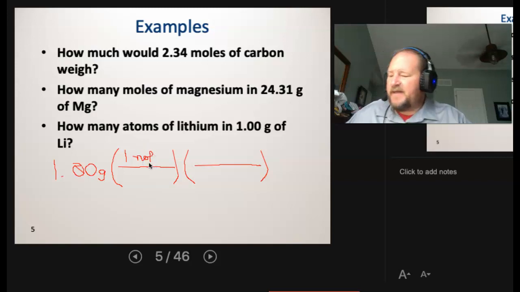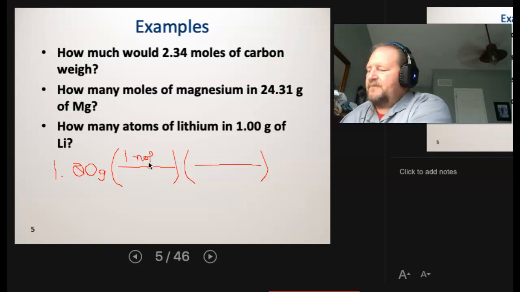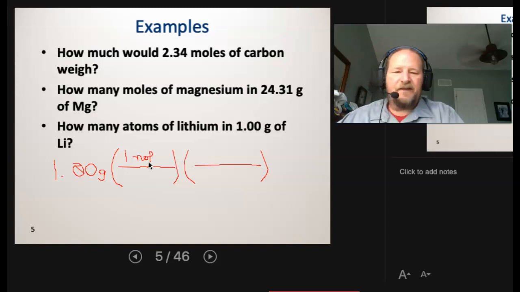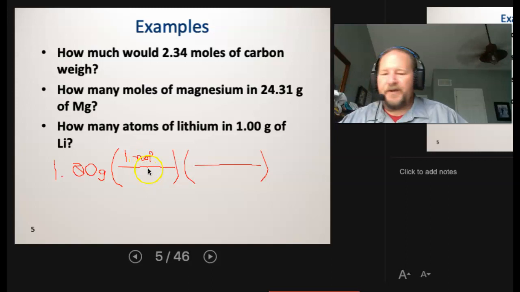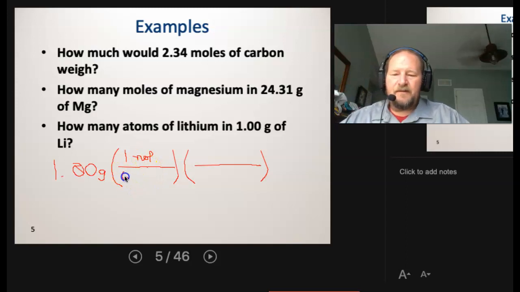I'm going to go to my handy dandy periodic table and look up the mass for lithium. And according to what I'm using, lithium is 6.941 grams.